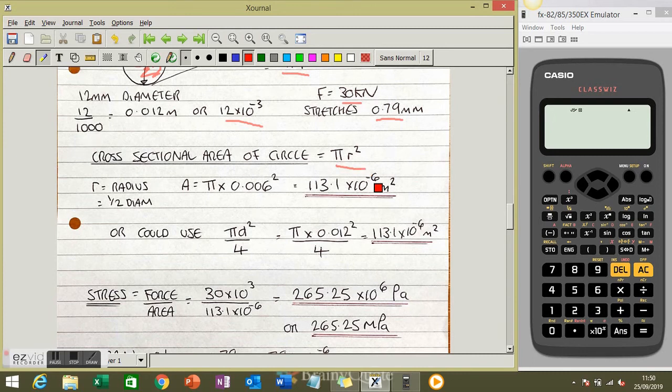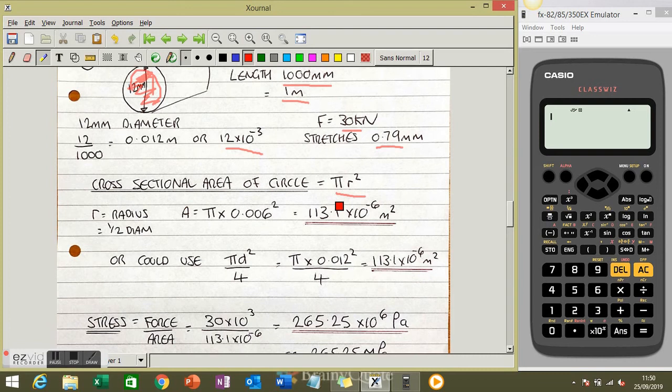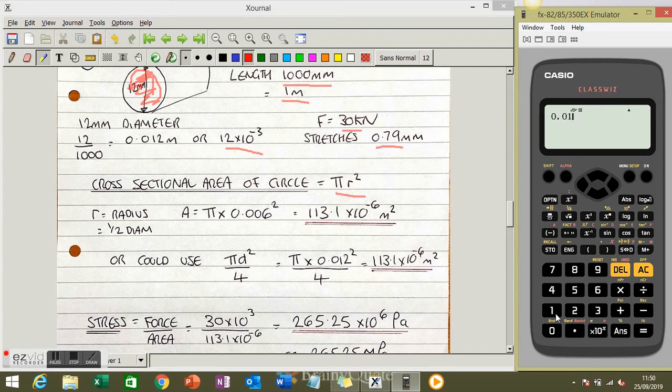If you want to, you can use pi r squared. Some people don't like to use pi r squared because you can't really measure a radius. You can measure diameter quite easily. But if you want to use pi r squared, don't forget radius is half, so you need to divide that by 2. That's why I've got 0.006, because it's pi r squared, where r is the radius. All I've done is take 0.012, that's the diameter in meters, divided by 2 for the radius.